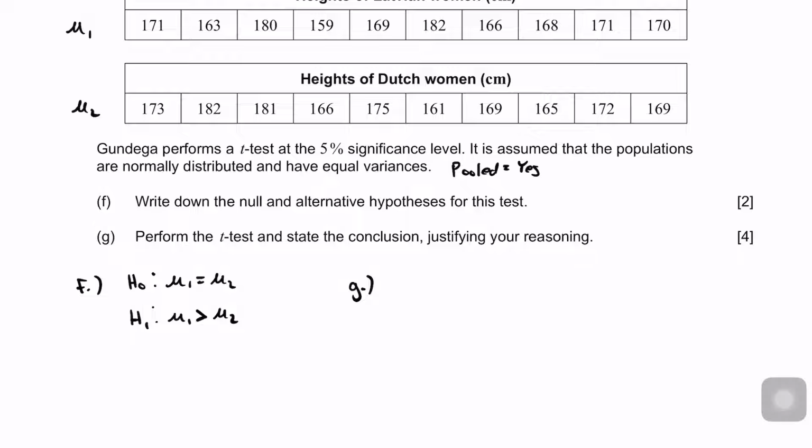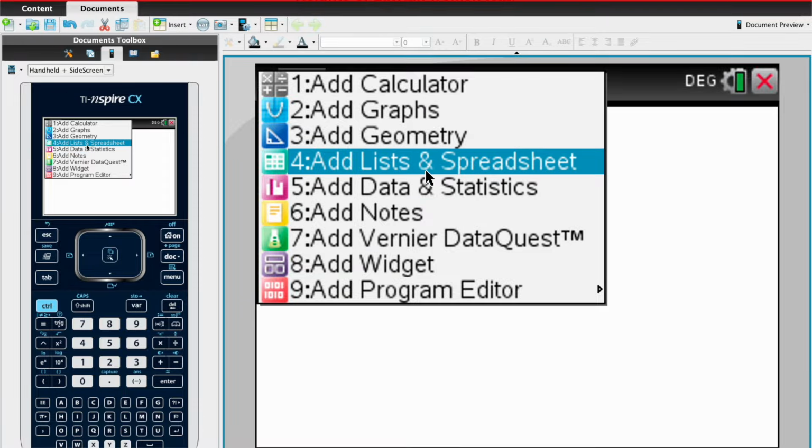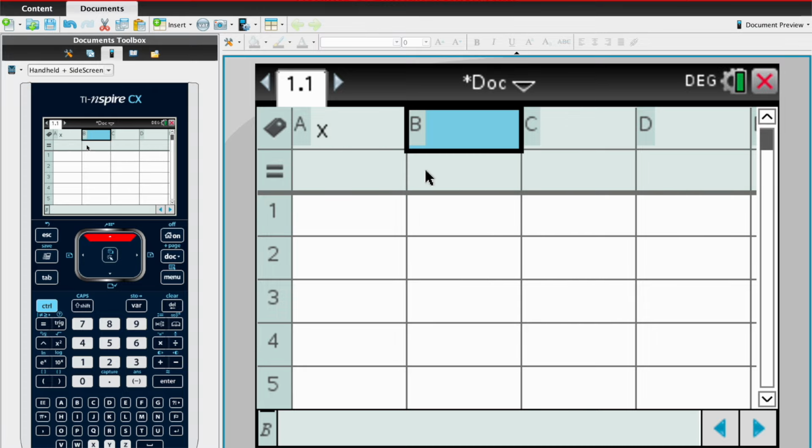Let's go to G. Perform a t-test and state your conclusion, justifying your reasoning. This is a little repetitive, and I'm surprised that they put these just side by side like this. I'm going to go to the calculator screen, get a new document, and here we go, x and y.